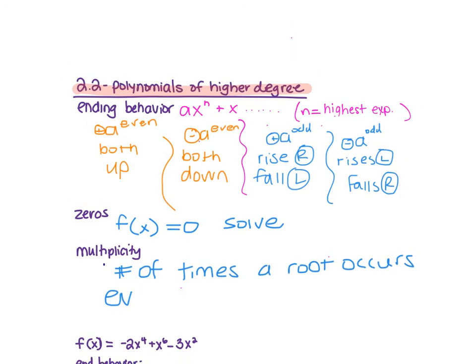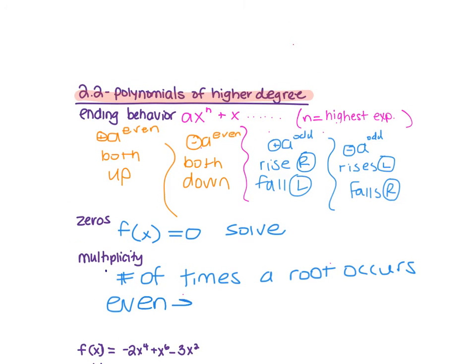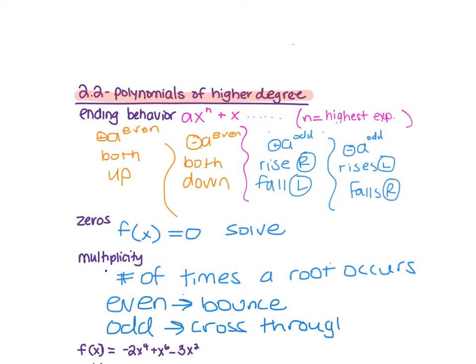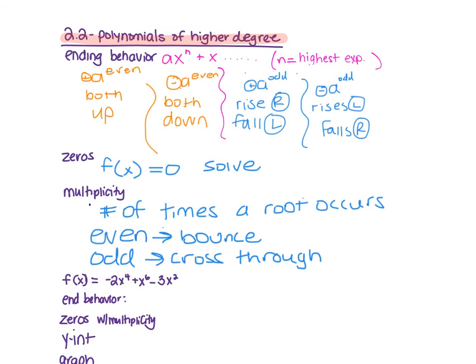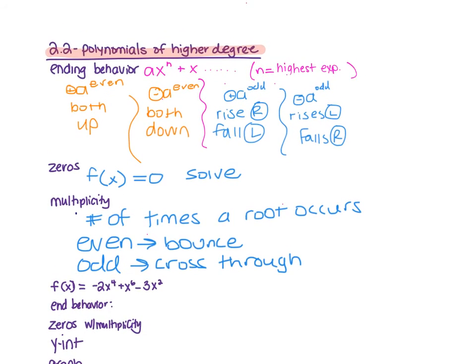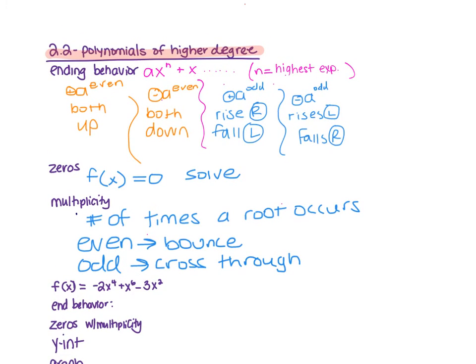If it's even, it's going to bounce. If it's odd, it's going to cross through. And then you'll graph it. Most likely, you're going to have to plug in some extra points in between your zeros to find where it crosses, how high it goes, and how low it goes.